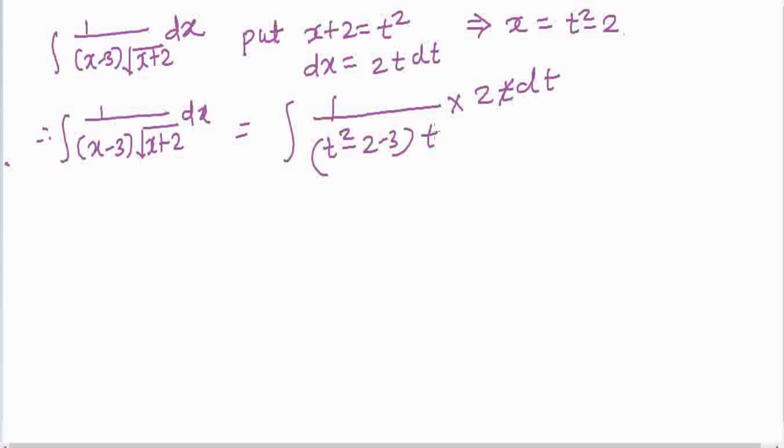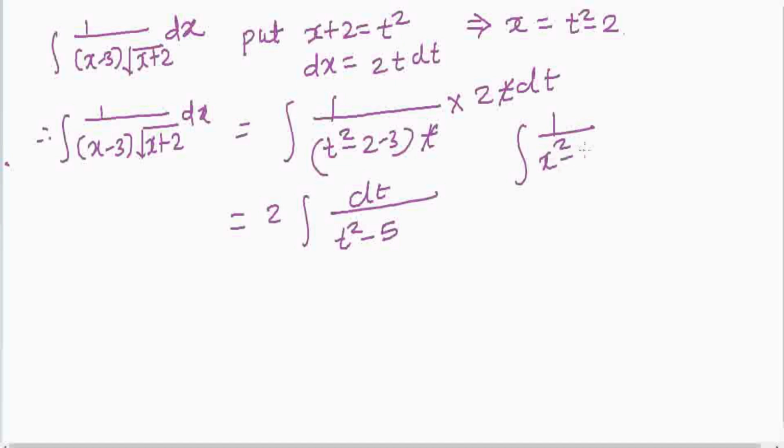So this t will be cancelled, and we have 2 into integration of dt divided by t square minus 5.